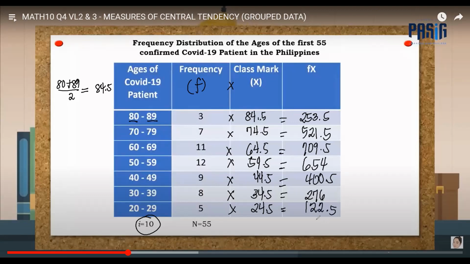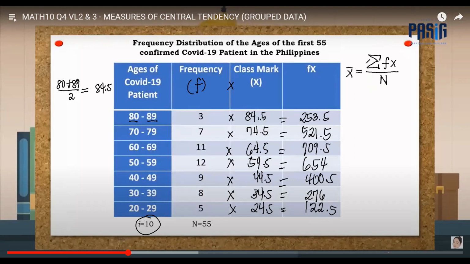So, paano natin makukuha yung measure or should I say the mean? Of course, we will use the formula sum of the frequency times its corresponding class mark divided by n.